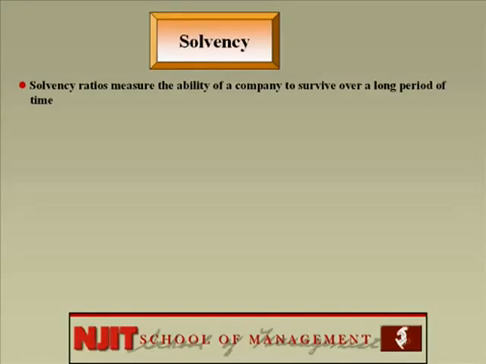Hypothetically, can you have a company which looks profitable, which appears to have cash, but in the long term it goes under? Absolutely. That's why it's very important, in addition to profitability and liquidity, which we talked about in the last module, to also examine solvency.